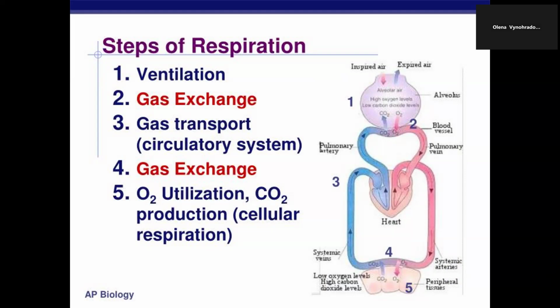Second step, when gases enter our lungs, gas exchange happens. Oxygen moves to the blood and carbon dioxide is released from the blood to the lungs. Third step is gas transport. It happens by the circulatory system. Fourth step is gas exchange between blood and our tissue.